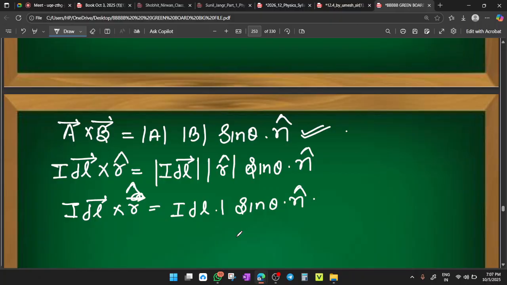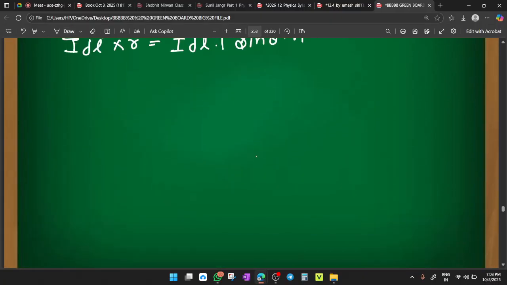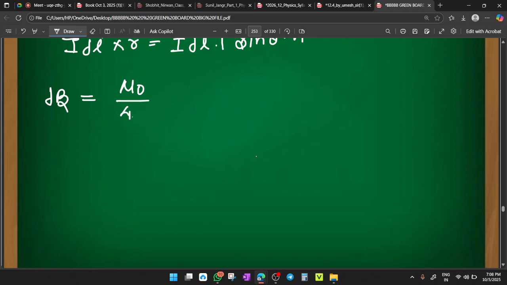Once again I want to clarify this thing. Now see here. We have derived up to the scalar form of the magnetic field intensity equal to mu naught upon 4 pi I dl sine theta upon r square. It is fine. I know everyone got it till here.